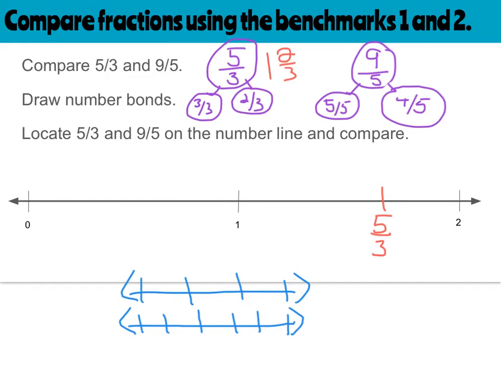So with that reasoning, I can take my 1 4/5, or 9/5, and I am going to move it so it is just about 1/5 away from 2 whole. So if we think about these, we have this one, 5/3, which is 1 2/3.